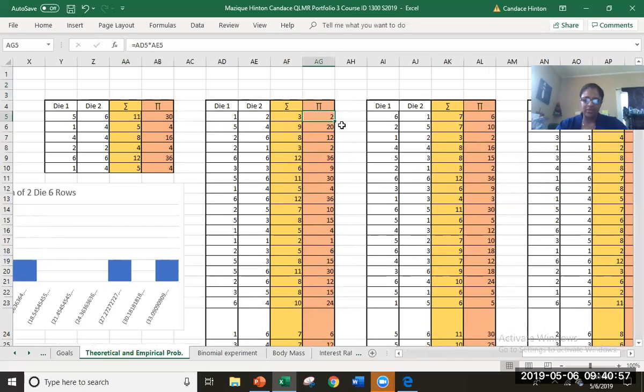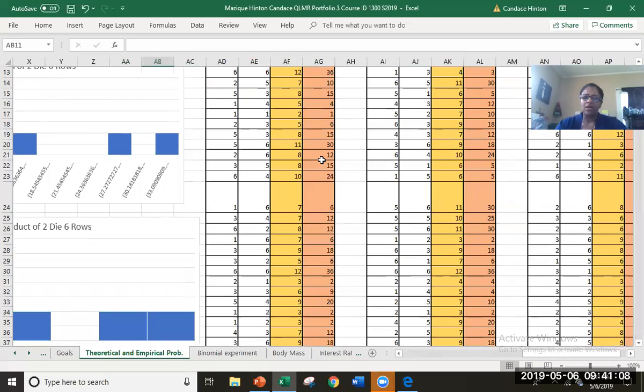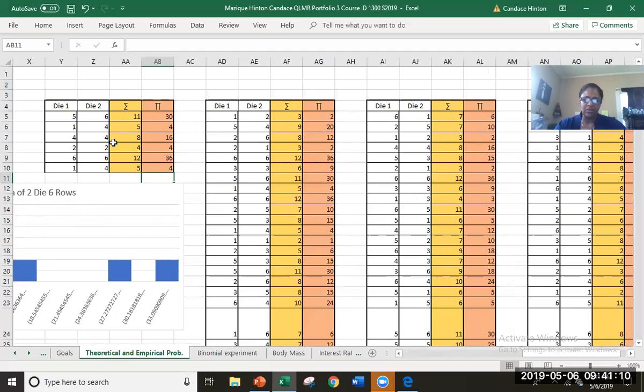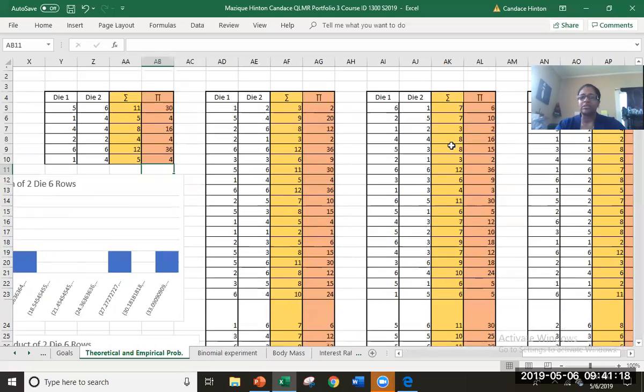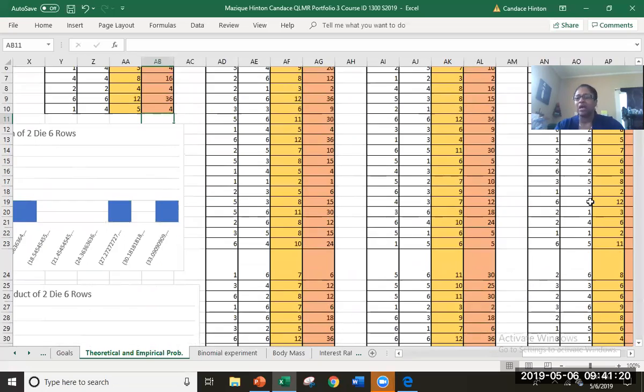And as you see, we did it with 60. We did trying to find the sum and the product with 6 rows. We did it with 60 rows, 600 rows, and 6,000 rows.